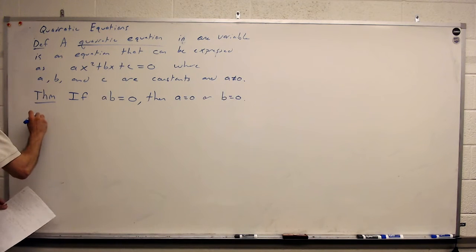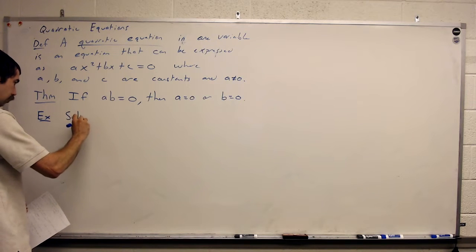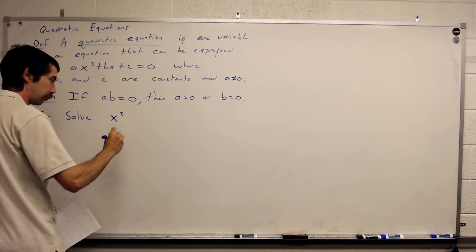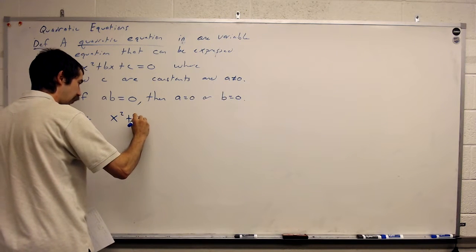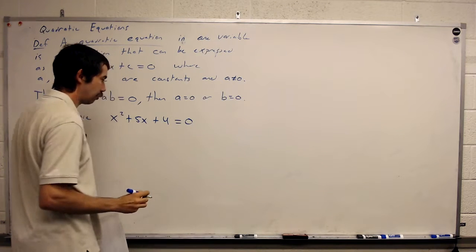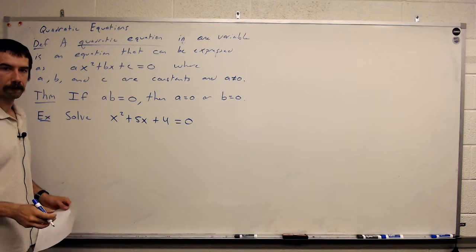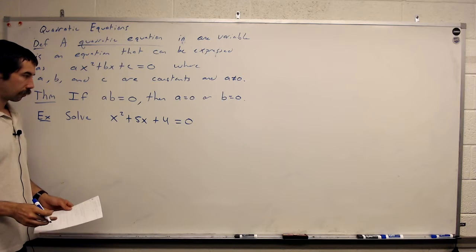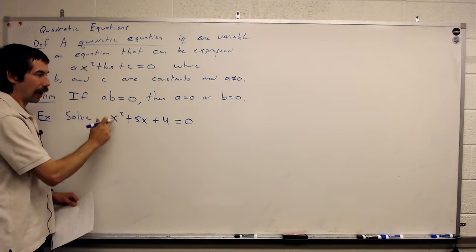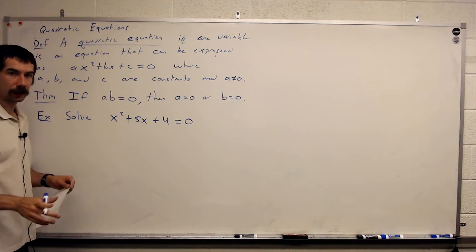All right, so let's take a look at an example. So let's solve x squared plus 5x plus 4 equals 0. All right, and you might be thinking, what does this theorem have to do with this quadratic equation?